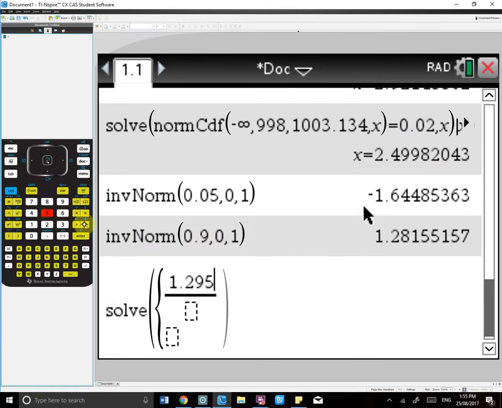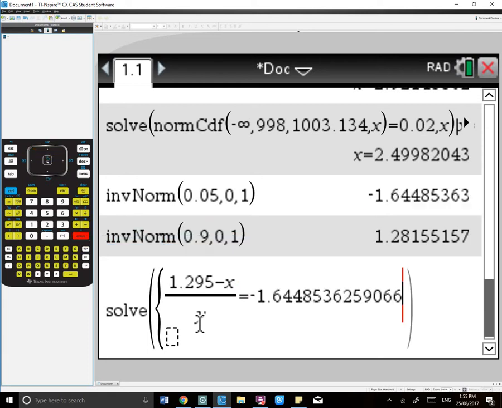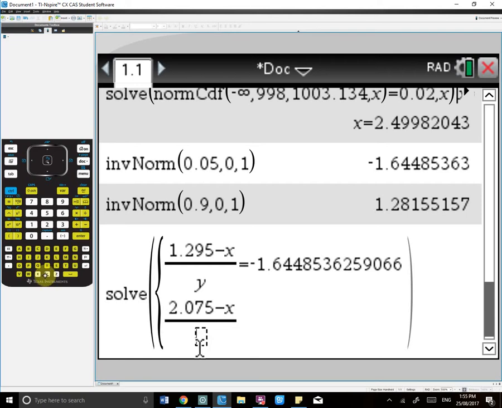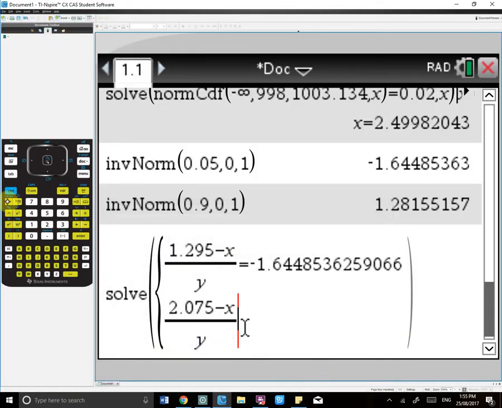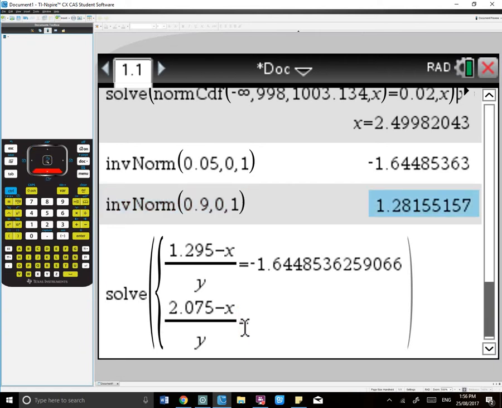1.925 minus x divided by y equals this value here, and the other one is 2.075 minus x divided by y, and that equals this one.